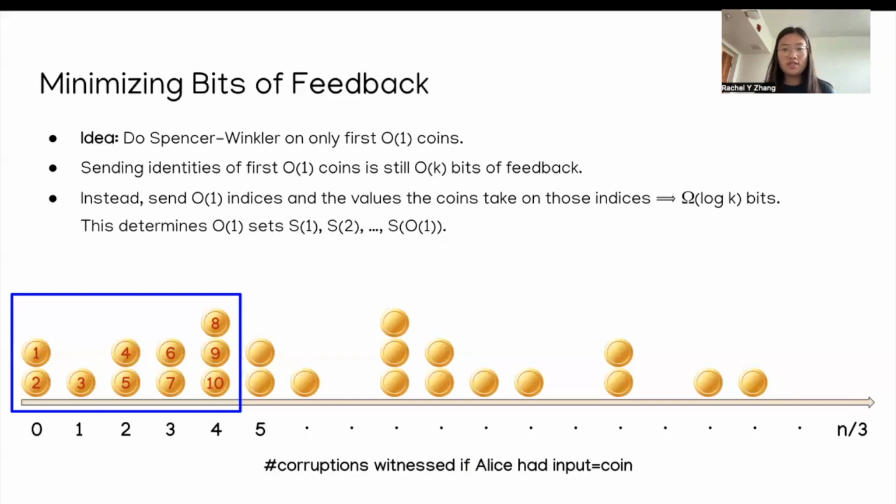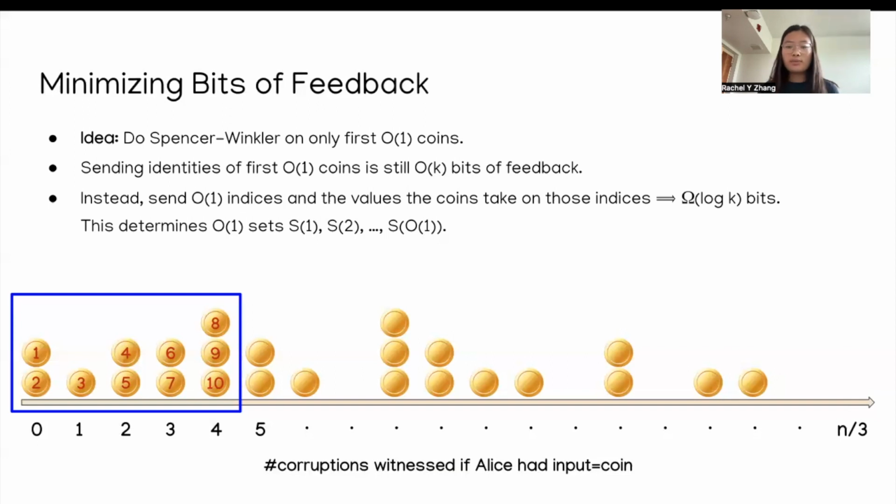To communicate this only takes log k bits, because you only have to send a few indices, and then for each of these coins you send the values. So the main bottleneck is that sending an index takes log k bits.